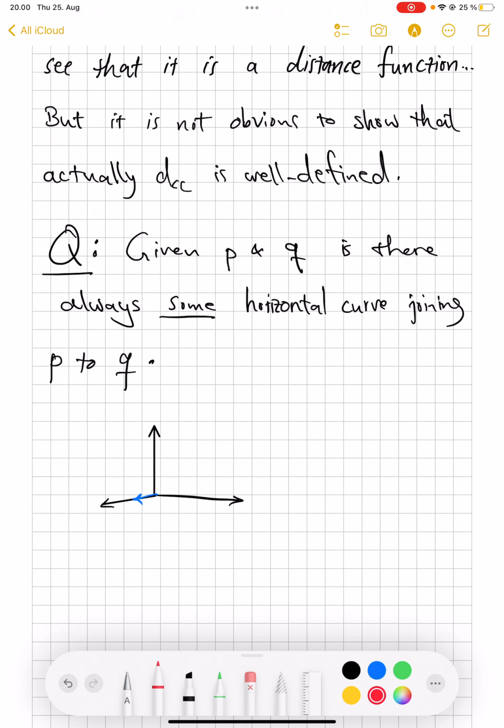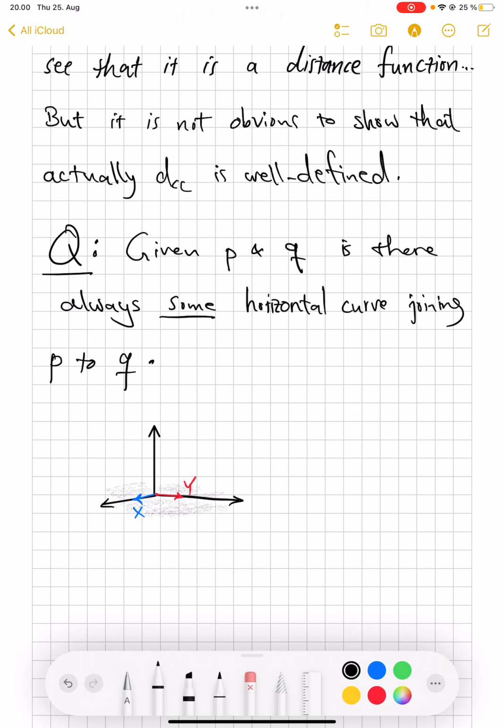So you have this, and these are your vectors x and y. Their span will be just the usual xy plane here. So a horizontal curve that passes through the origin can take off only with a tangent contained in this plane.